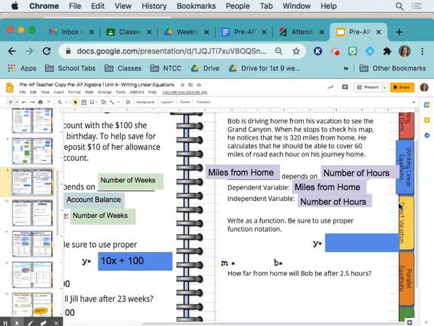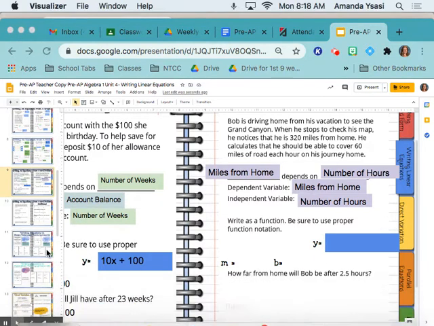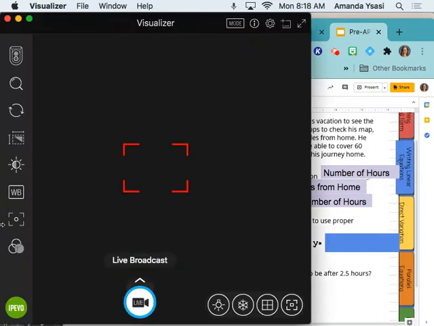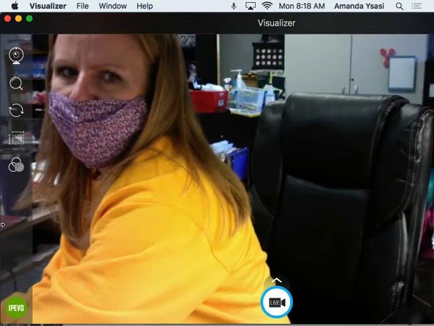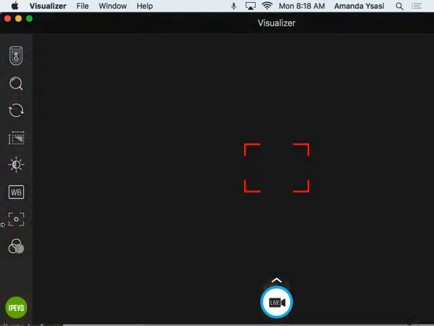So if you think about what your graph would be, let's see if I can pull up my little document camera. Is it going to work? For some reason, this sometimes works and sometimes doesn't.